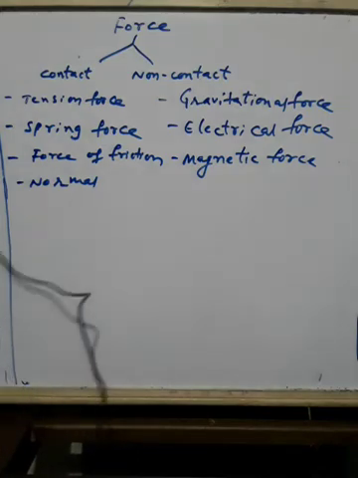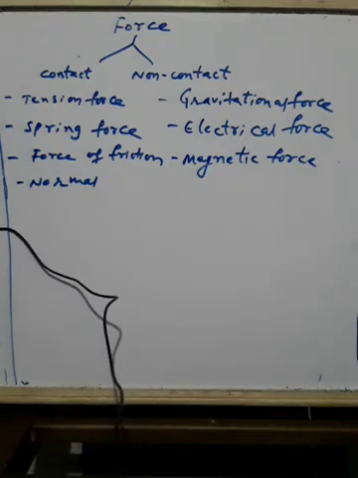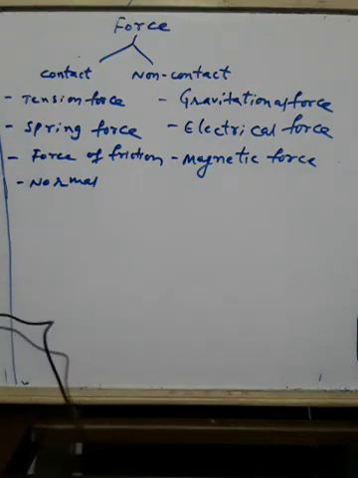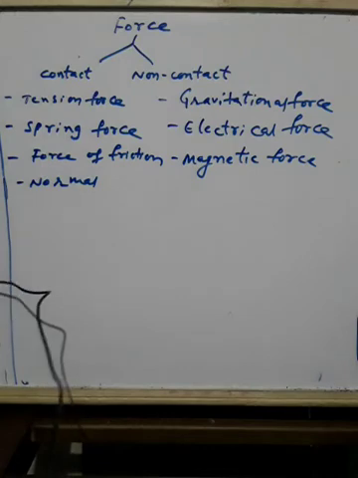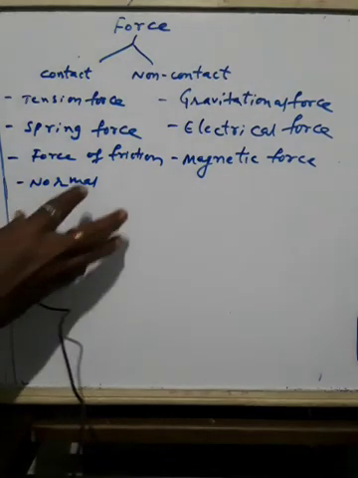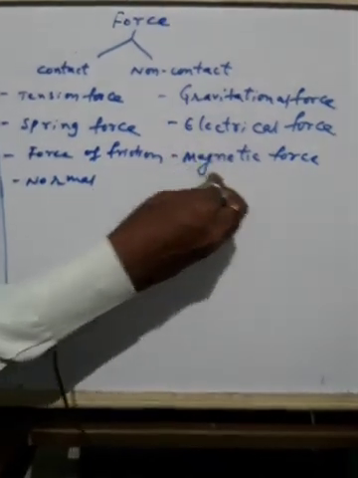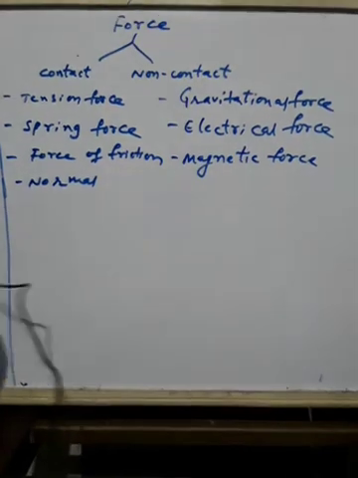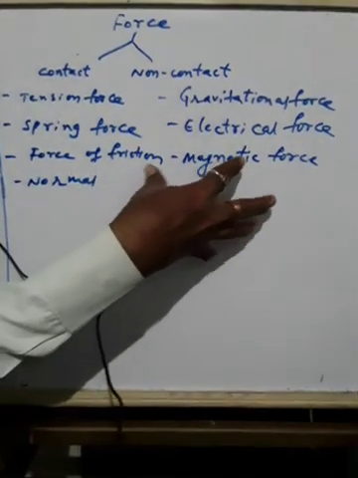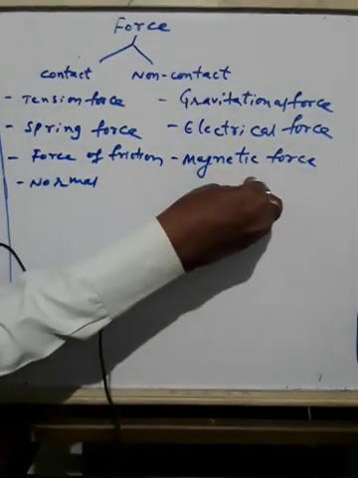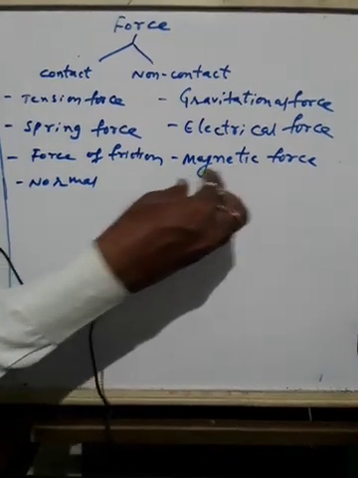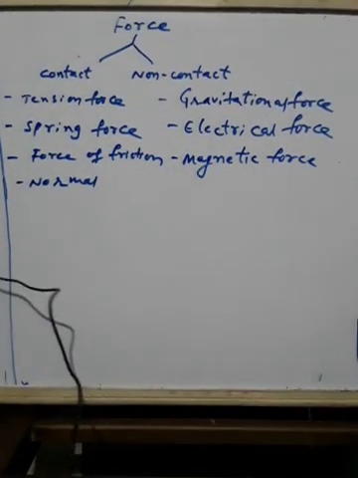An example is when you take a plastic comb, rub it with your hair, and afterwards hold it over small pieces of paper, they will be attracted. Such a force where uncharged particles are attracted by charged particles is called electrical force.